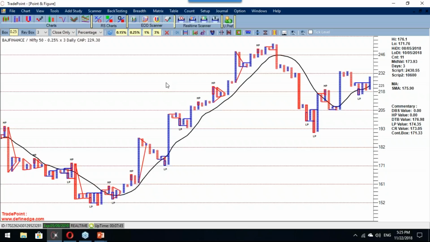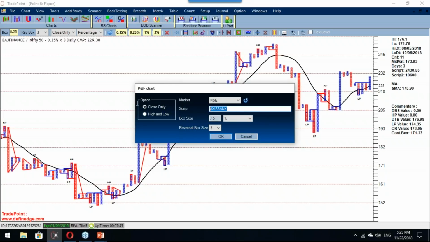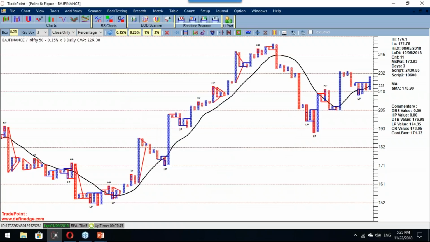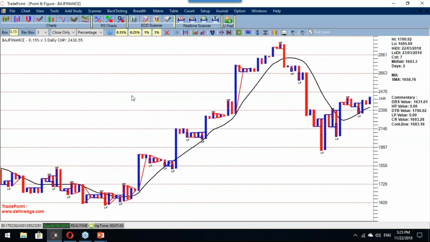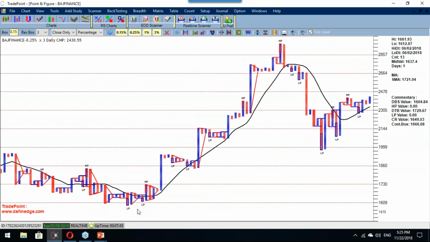If you look at the Bajaj Finance chart, that will give you a better idea, or it will be far more hard hitting for you. So we made a low of around 1500, 1600, and we went on to make a high of 2980. I'm not saying that you could have bought here and sold here. No one can do that.